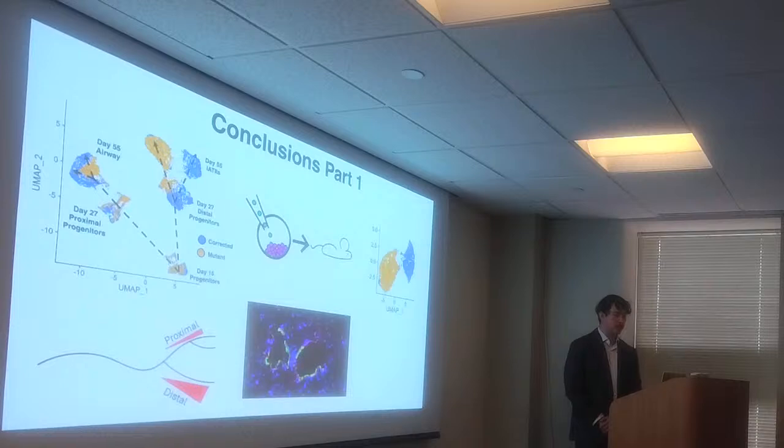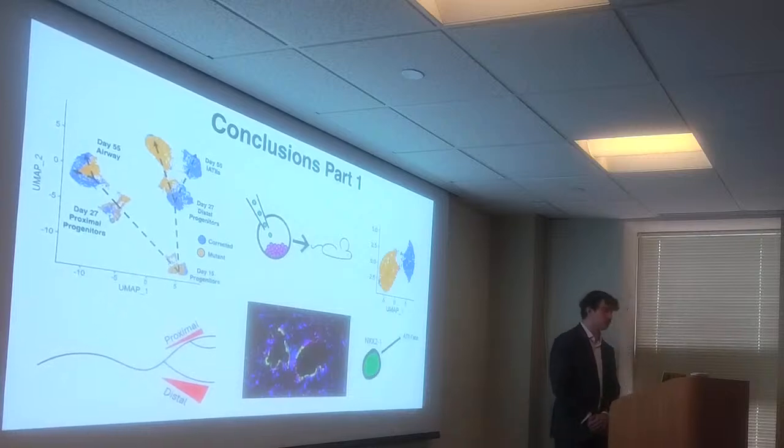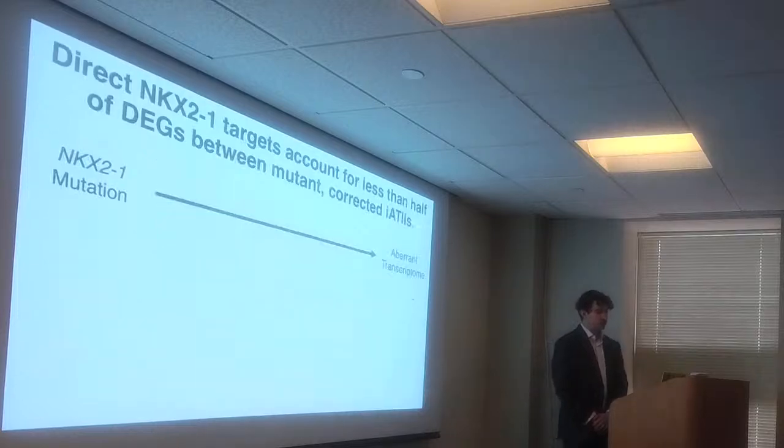And finally, by looking at differentially expressed genes between mutant and corrected cells, we can identify that NKX2-1 plays a key role in acquiring lung or type 2 cell fate, and really plays a strong role in suppressing non-lung programs as well.